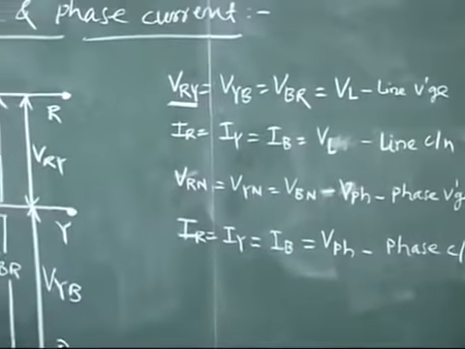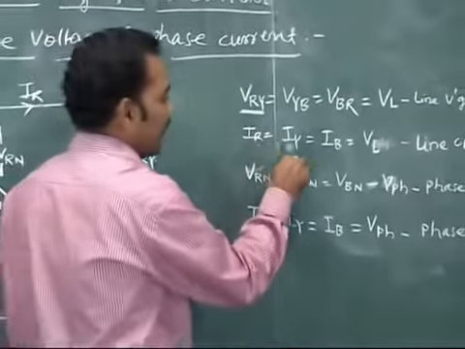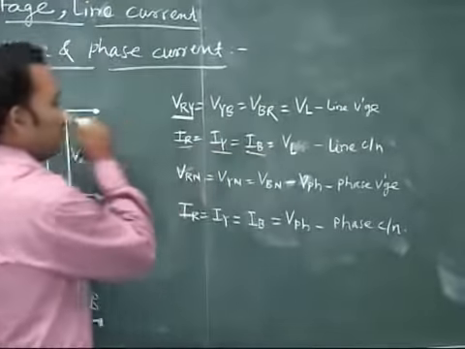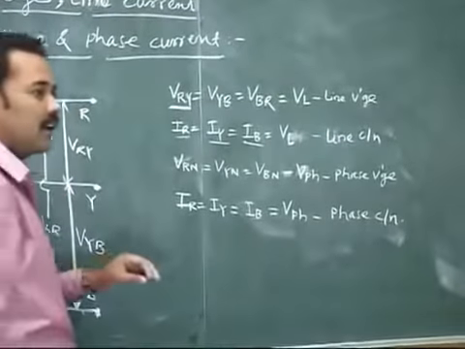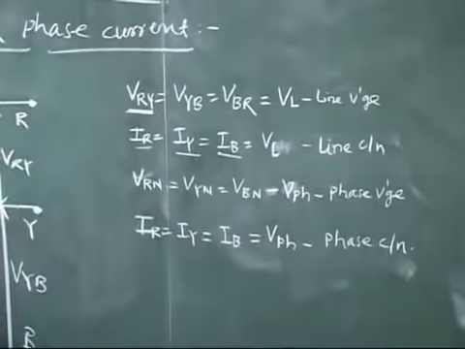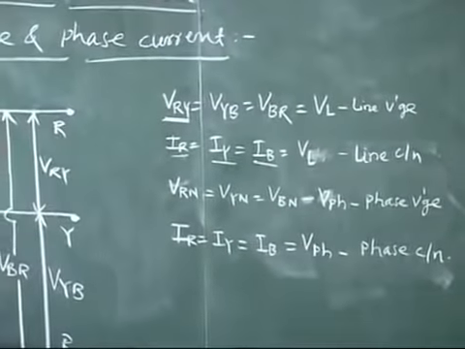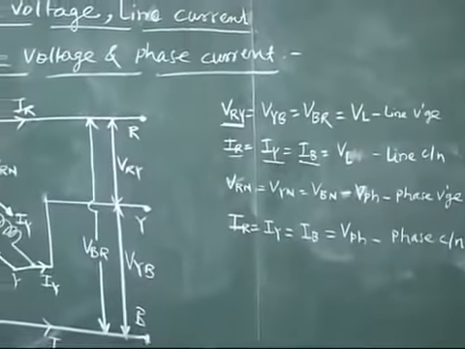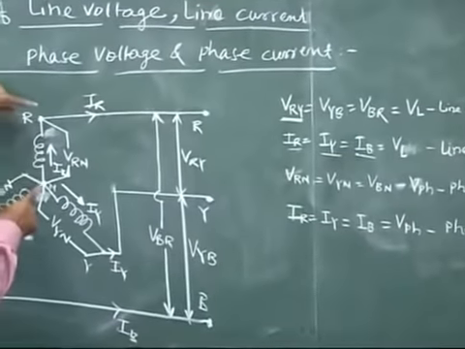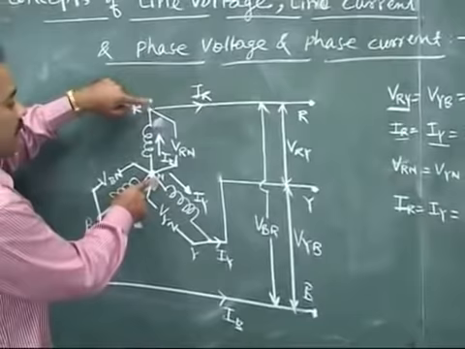Here IR, IY and IB are nothing but the currents flowing through the lines, and the current which flows through the line is called the line current. Similarly, for the phase voltage, any voltage across each phase, across the branch of each phase, is called the phase voltage.